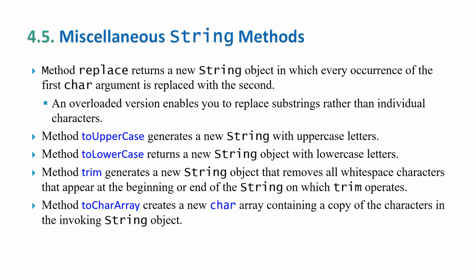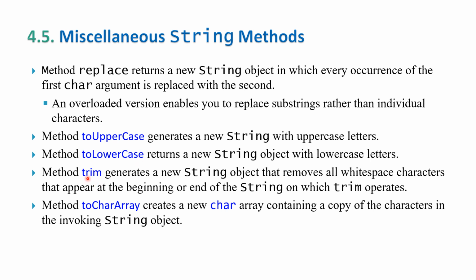An overloaded version of the method replace enables you to replace substrings rather than individual characters. Method toUpperCase generates a new string with uppercase letters. Similarly, method toLowerCase returns a new string object with lowercase letters.